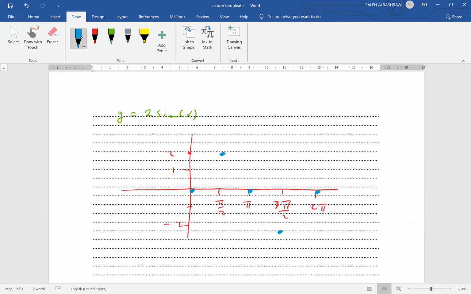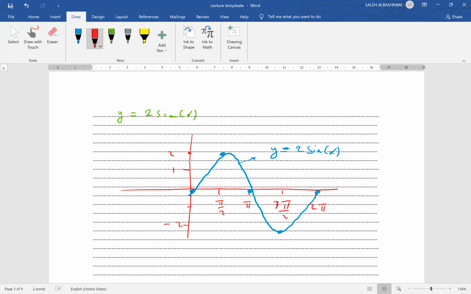I connect between these points, but these are not straight lines. We had a curve. So don't graph it in this shape. This is not correct. The graph of the sine is not a straight line, it is a curve. So this is y equal to 2 sine x.